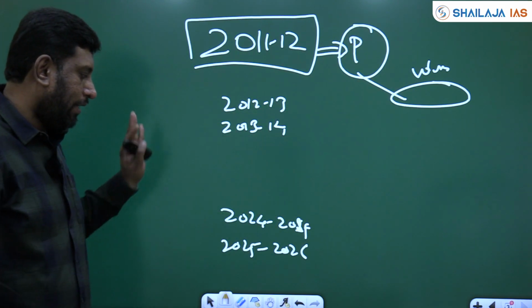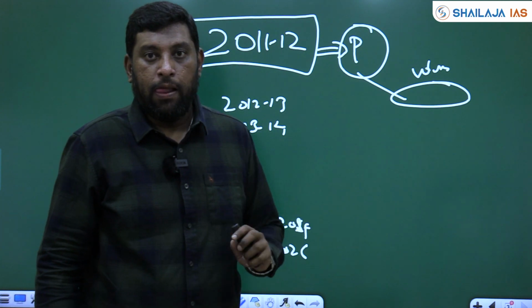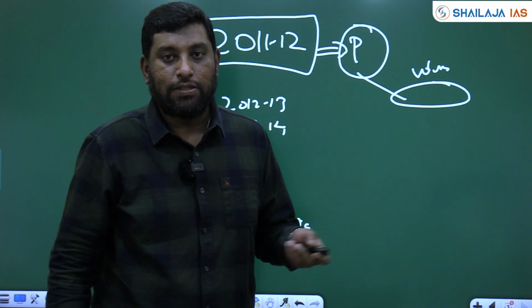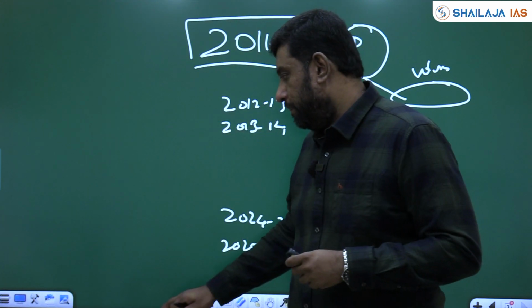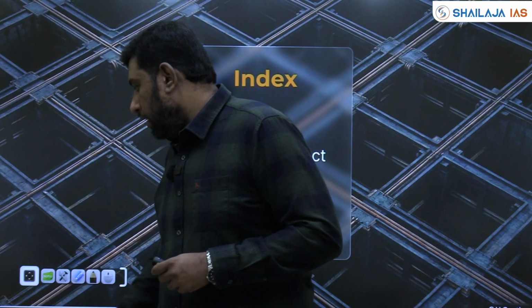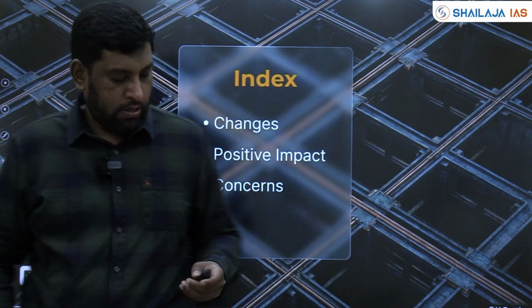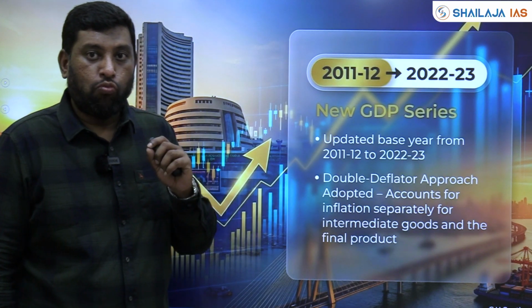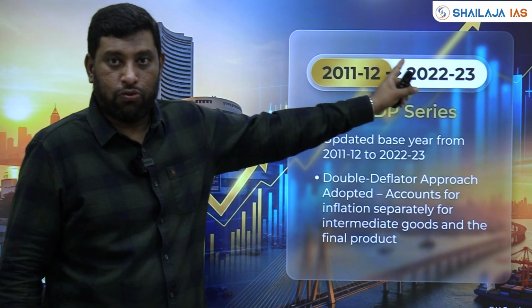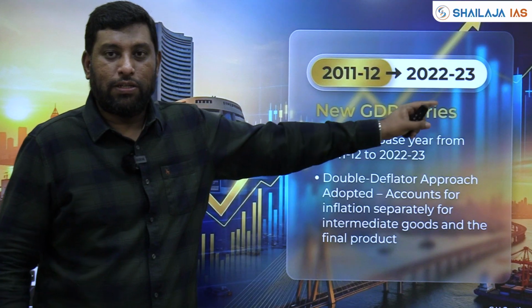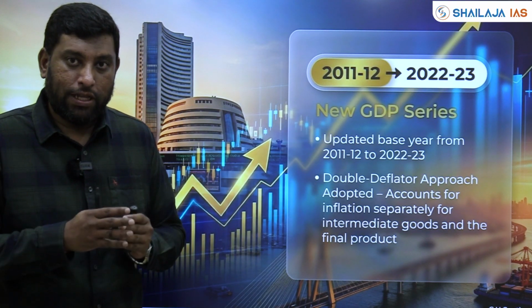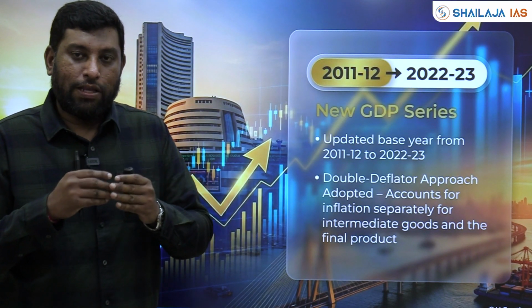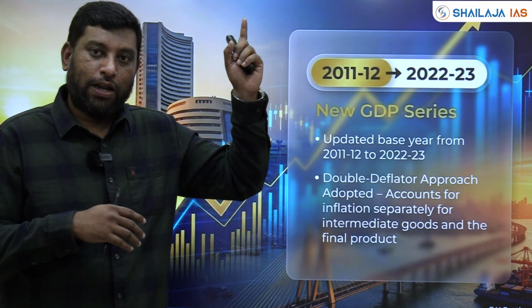Okay, so this basic understanding is necessary for us in order to understand what are the changes that have been brought in the new GDP series. In the new GDP series, what we can clearly see is that the base year has moved from 2011-12 to 2022-23, because it is not making good sense that we compare the prices to almost 1.5 decades back.